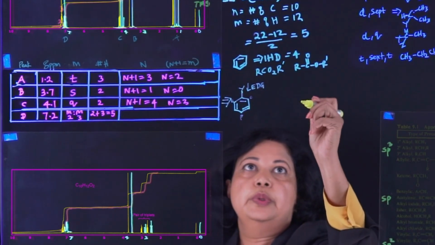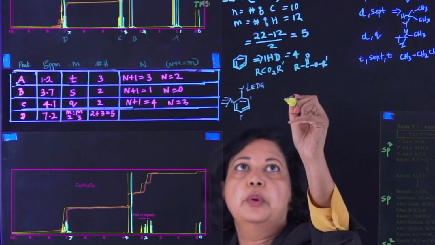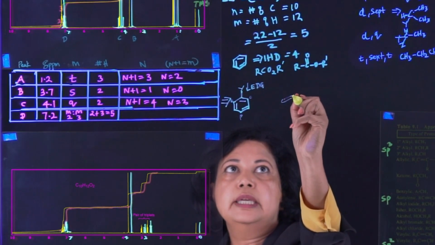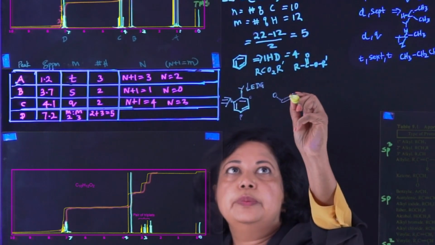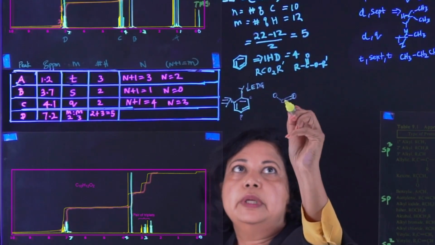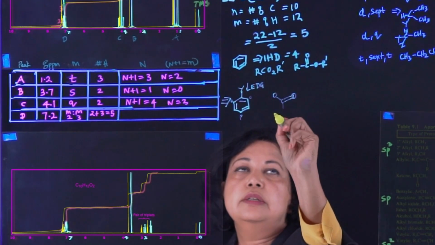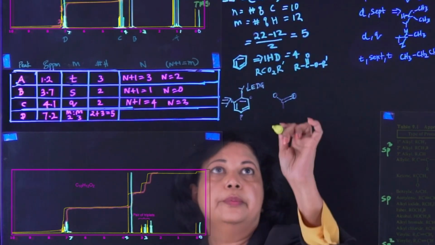Therefore, you would not expect a C double bond O carbonyl group, because it says there's an ester, and according to this, carbonyl would be an electron withdrawing group, and this is not attached to a benzene. That's the information that we know.